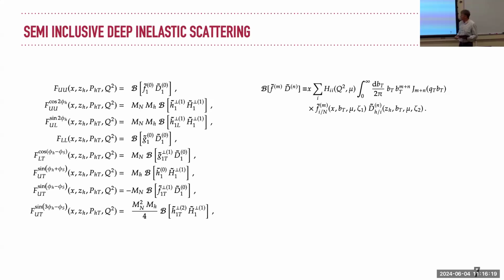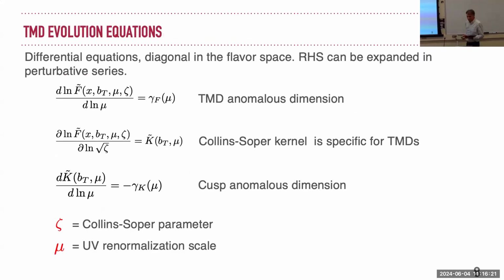We have only 25 minutes. What I want to use the 25 minutes for is to come back to the derivatives that George was showing: d over d log mu, which is mu d over d mu, and d over d log zeta.